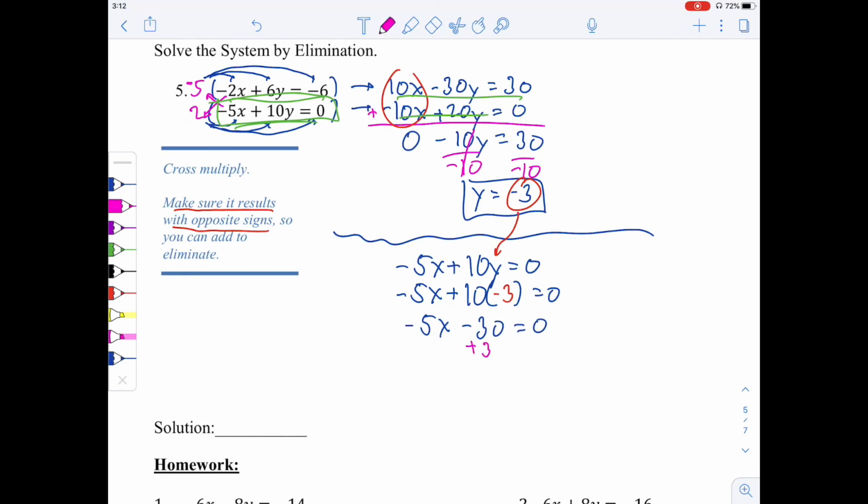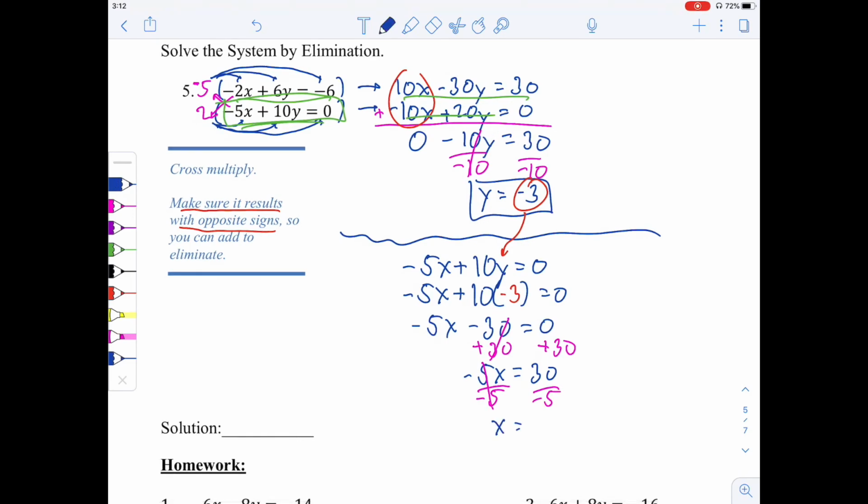Get rid of our negative 30 friends. We add 30 friends. So we get negative 5x equals 30. Detach that negative 5 by dividing it. X equals negative 6. So our ordered pair solution is going to be when x is negative 6 and y is negative 3. And that's our solution.